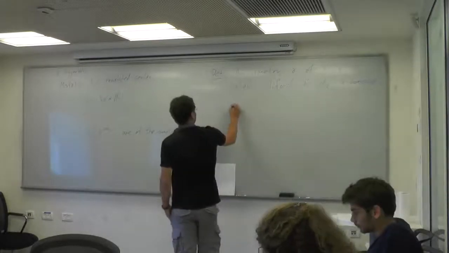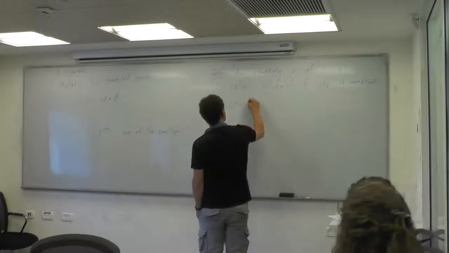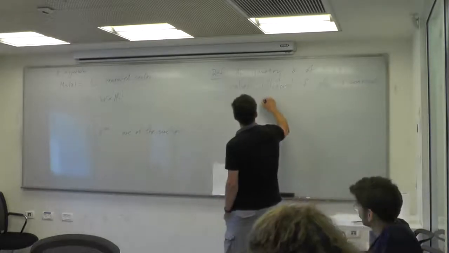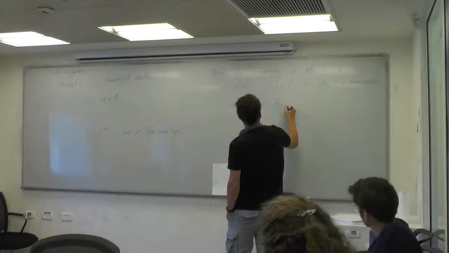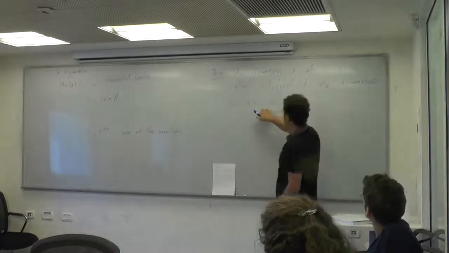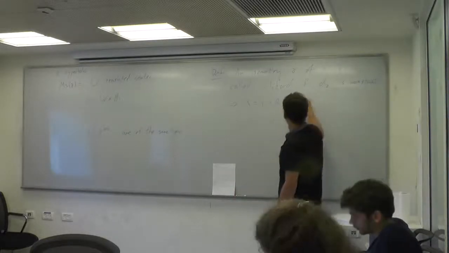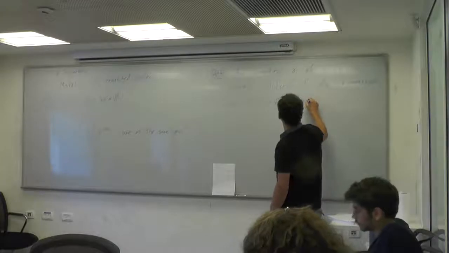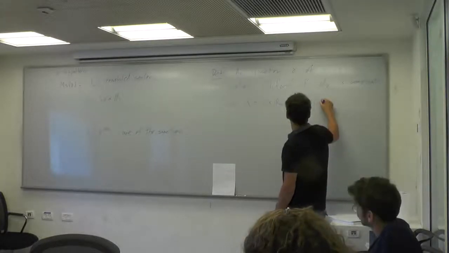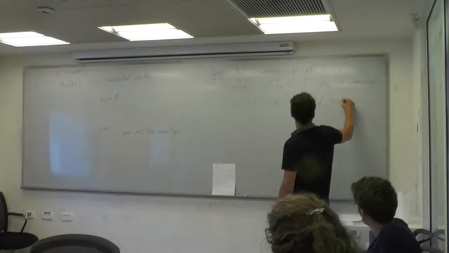And this will imply that X decomposes as Y cross R, and gamma acts trivially on Y, and gamma is a translation on R.